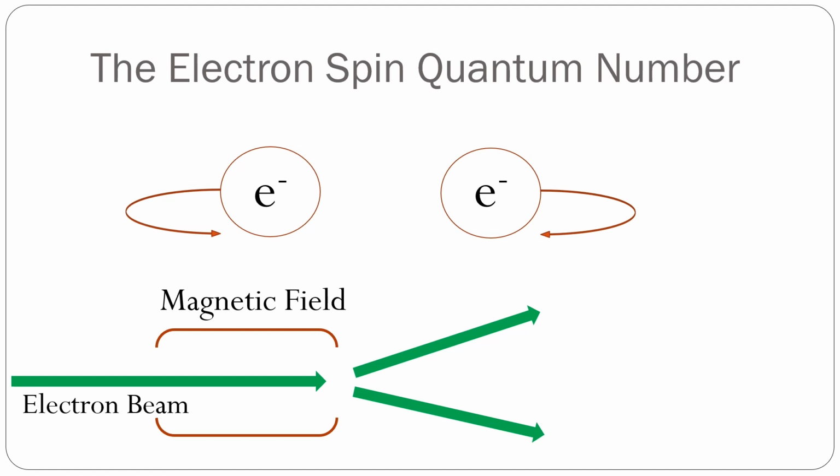The calculus shows that there are two possible answers for the electron spin quantum number, +1/2 and -1/2. These are the electron spin quantum numbers. We generally refer to these states as spin up and spin down. The electron spin quantum number is denoted by the letter m sub s.